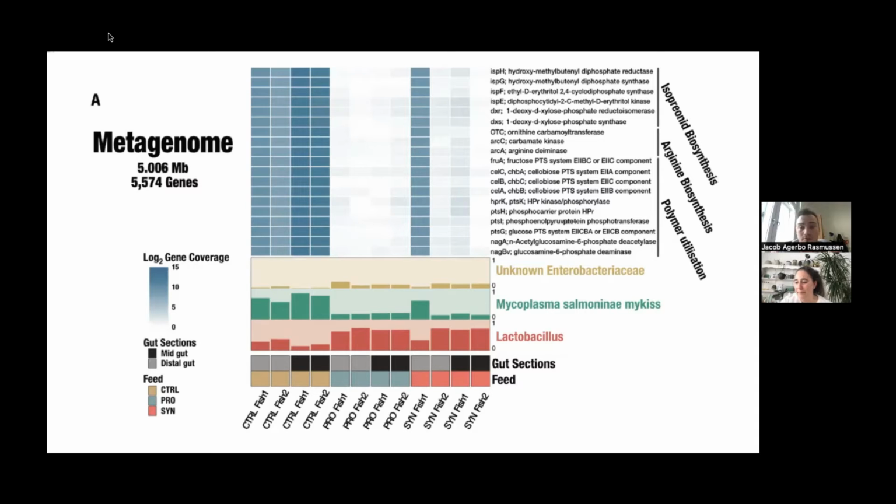And we also saw what I have called polymer utilization, but it's basically degradation of complex fibrils like chitin, which is normally found in the exoskeleton of insects and crustaceans. We found that all these genes were following the presence of mycoplasma, this dominant bacteria. So if mycoplasma was dominant, there was a high amount of these genes, and if mycoplasma was missing, there was nearly none of these genes.